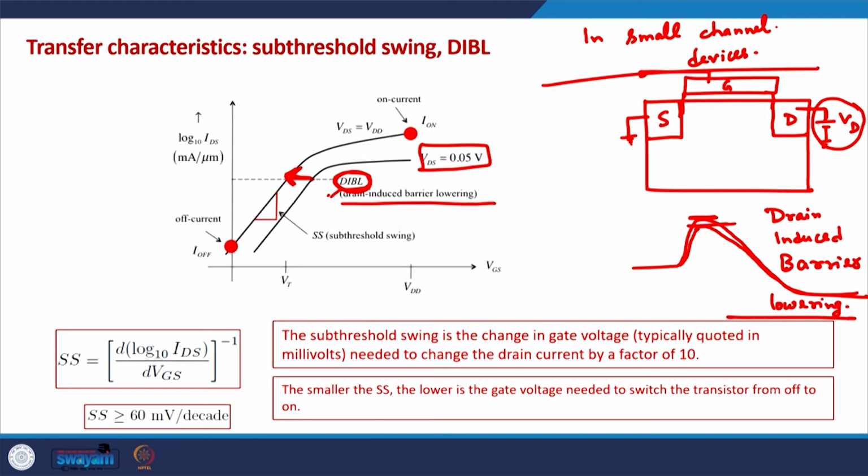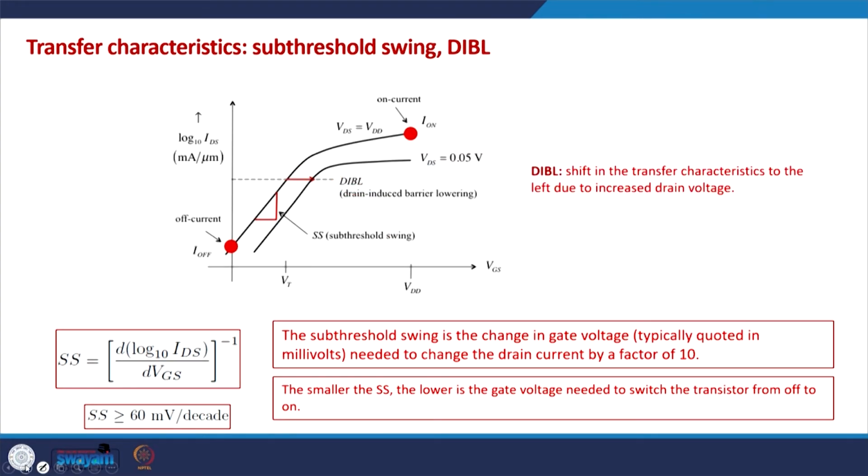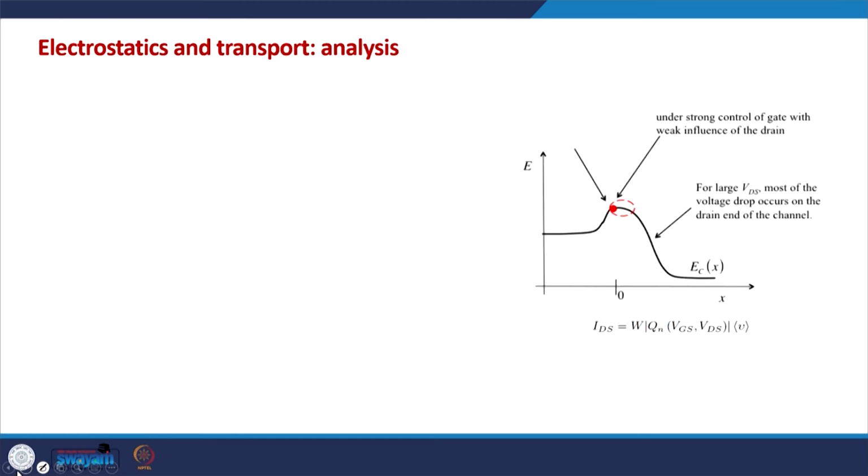So, this is about the subthreshold characteristics and DIBL discussion, and now there are certain qualitative points that we need to keep in mind.